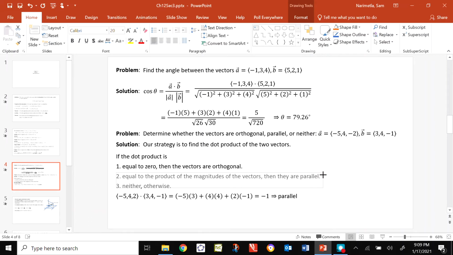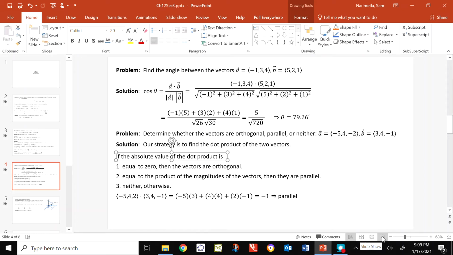In fact, we can say the absolute value of the dot product is equal to the product of the magnitudes of the vectors, then they're parallel. Would you agree with that?